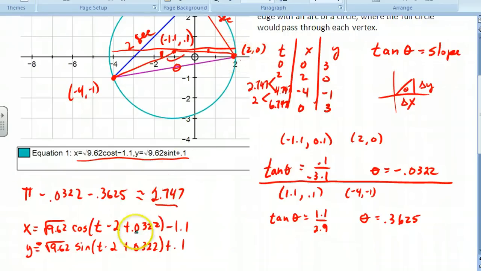So I nudged it ahead by 0.0322. Since I'm going clockwise, I nudged it ahead to start here. That's where I got this value from. Or that's why I put it in there, I should say. And if I plug in time 2, this becomes 0, which is what we want for the cosine and sine to start at this rightmost endpoint, but then we nudge it ahead to start here. That's what that reason is.